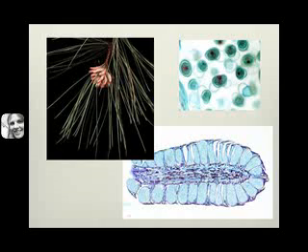So the microspore mother cell, or the microsporocyte, whichever you prefer to use, is a diploid cell that undergoes meiosis to produce the haploid microspores. And then the haploid microspores will develop into this pollen grain.